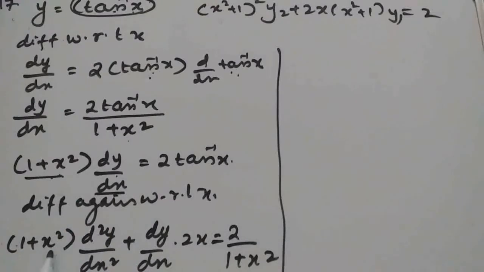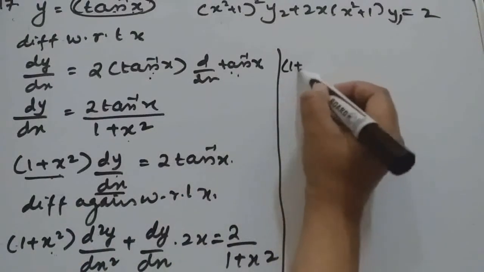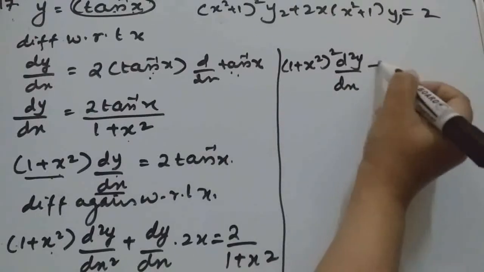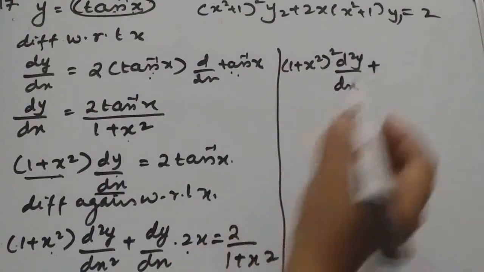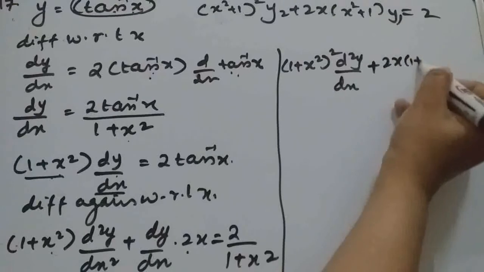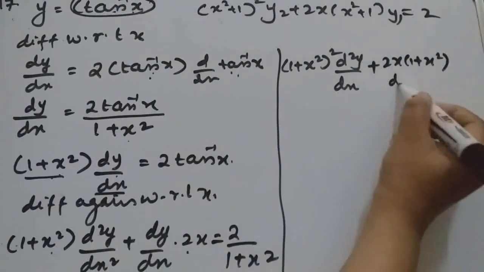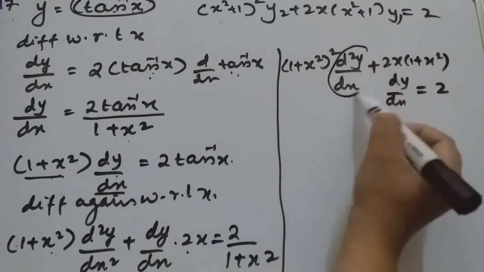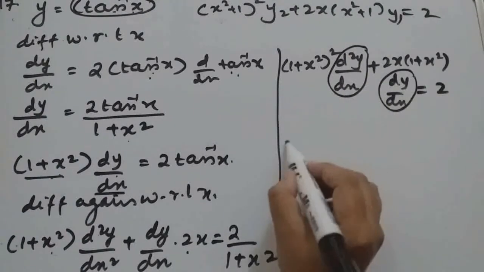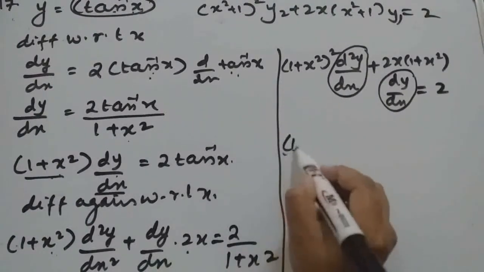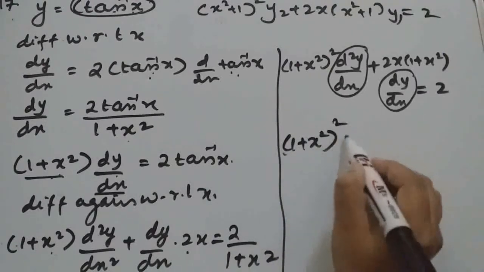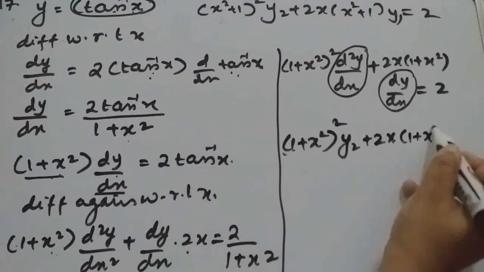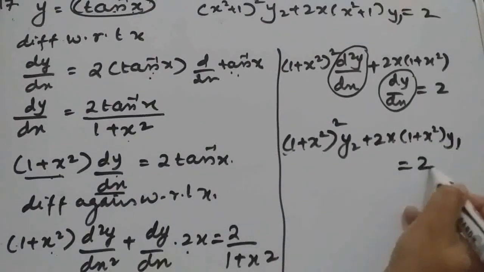So here already it is there, so that bracket will become square. Here only 2x is there, so this will be dy by dx equals to 2. But this is what, y2 and this is y1. So see, we got our expression: 1 plus x square whole square y2 plus 2x into 1 plus x square y1 equals 2.